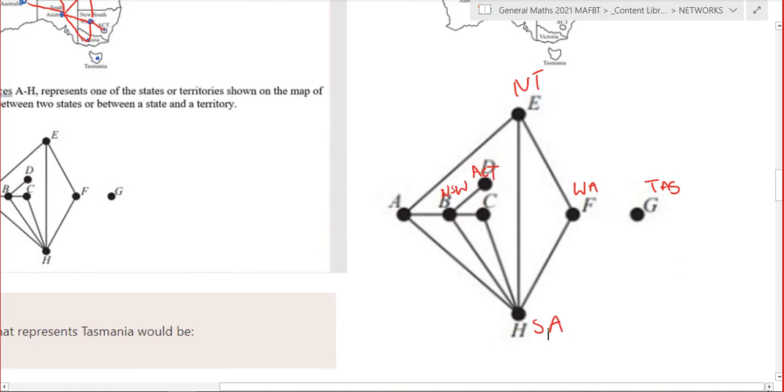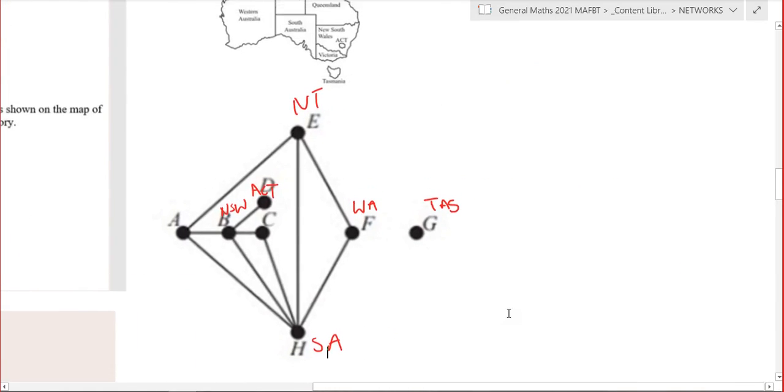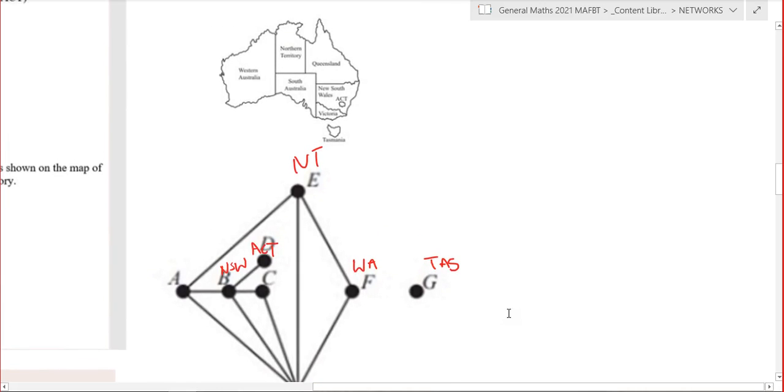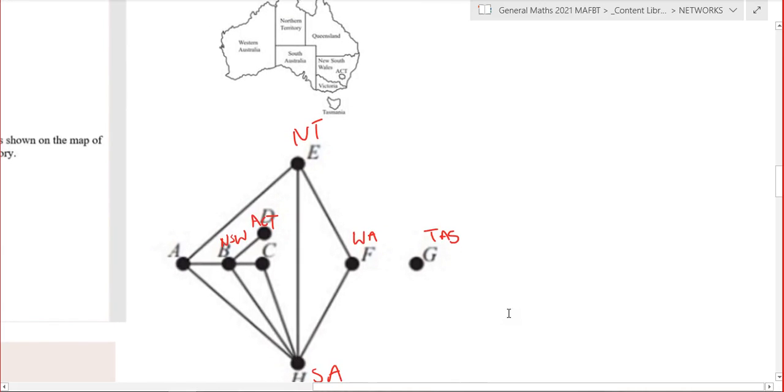Let me just move this here, sorry. So you've got Victoria left, and Queensland. The only other ones I can see here are Vic and Queensland. You can go to Queensland from NT, South Australia, and New South Wales, so there are 3 connections there.